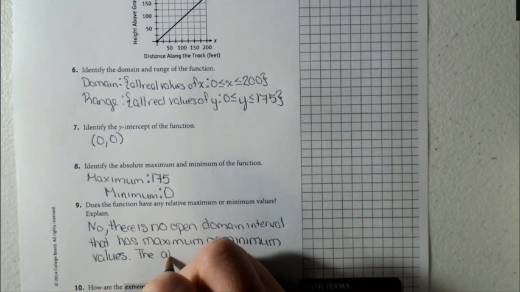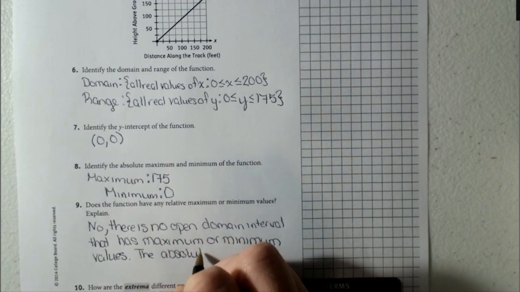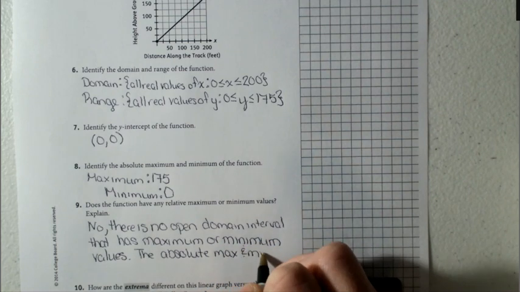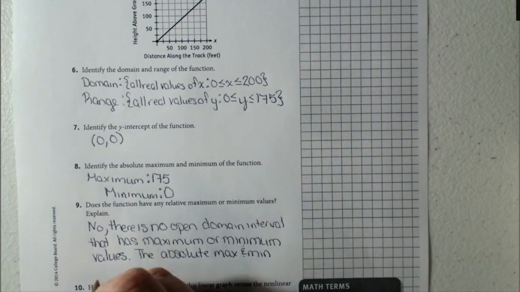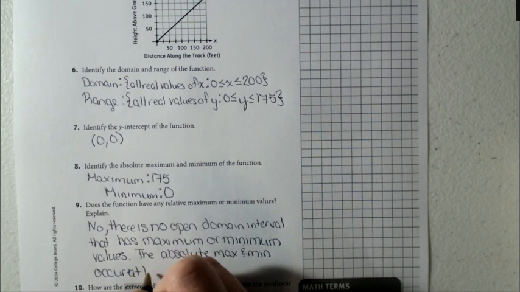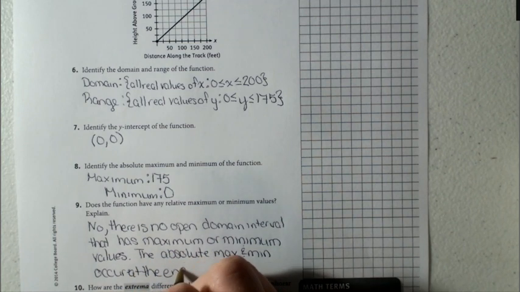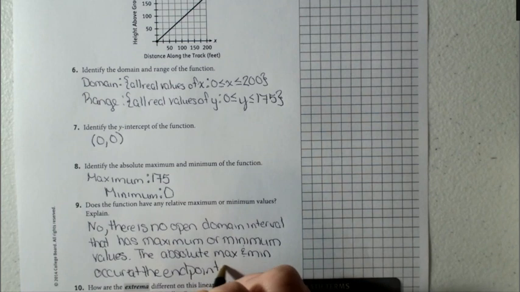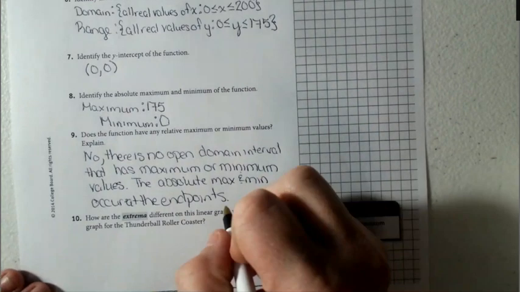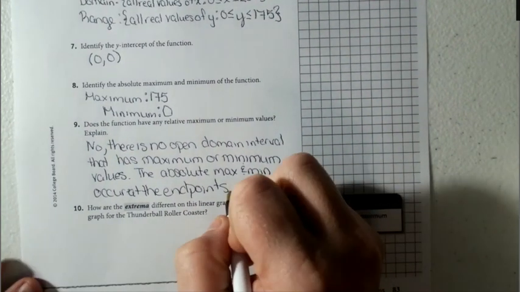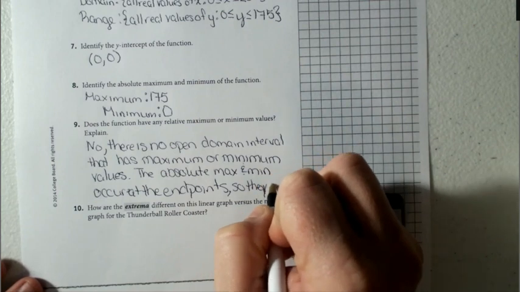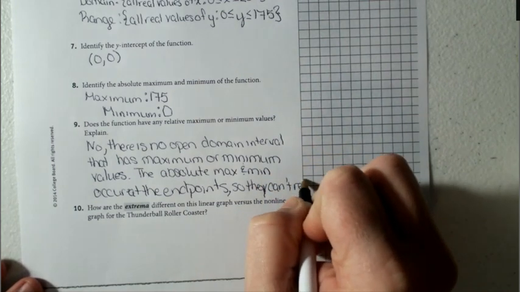The absolute max and min occur at the endpoints. So they can't be relative.